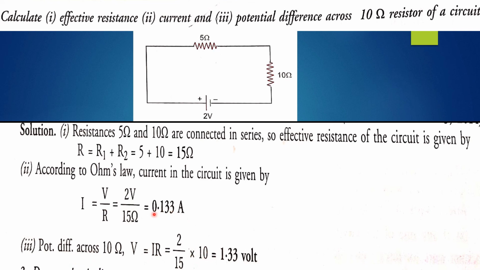Here instead of 0.133 I have taken the fraction form of it, that is 2 by 15, so that I can easily cancel it. 5 2 times are 10, 5 3 times are 15. Therefore it becomes 4 by 3, which is equal to 1.33 volt.